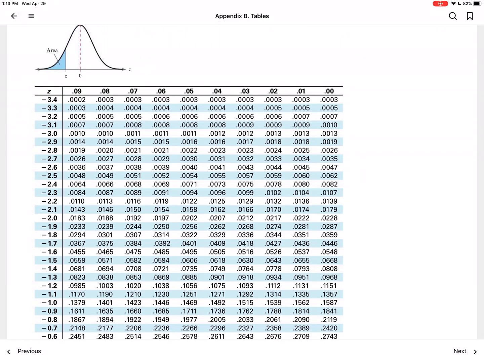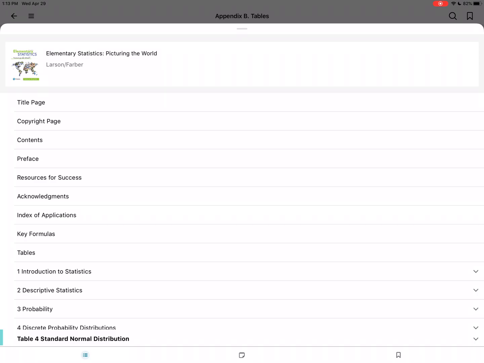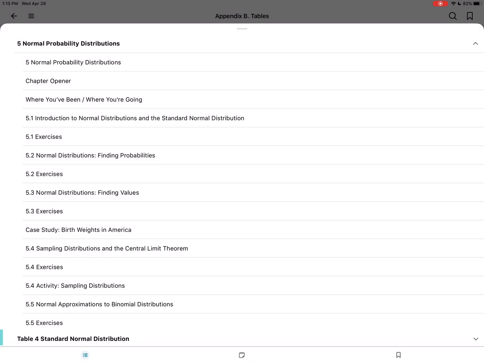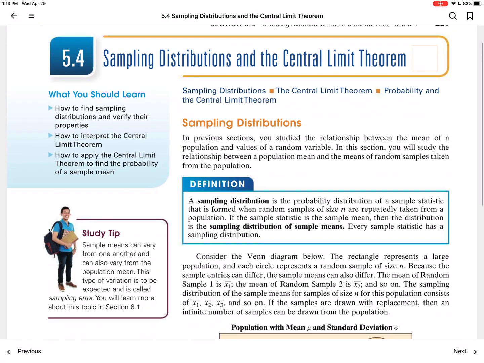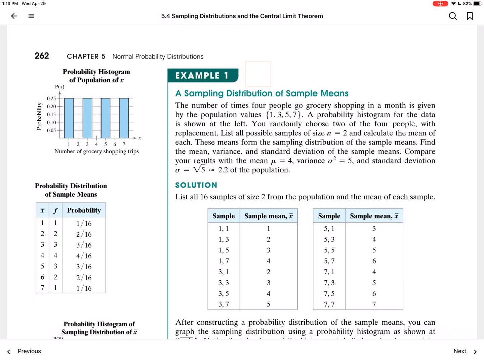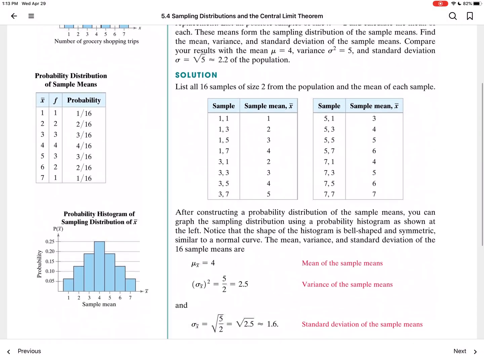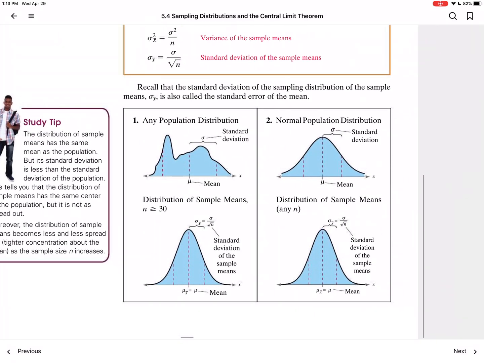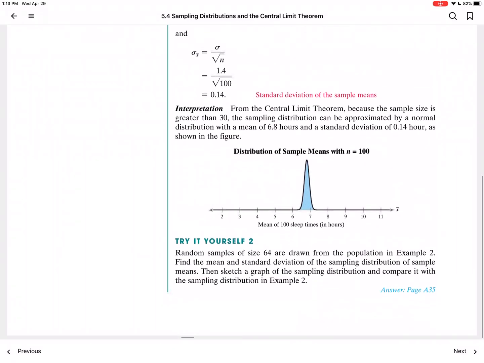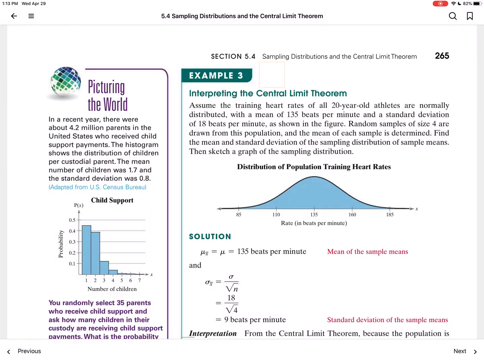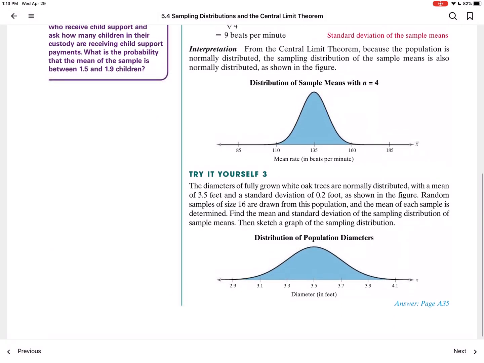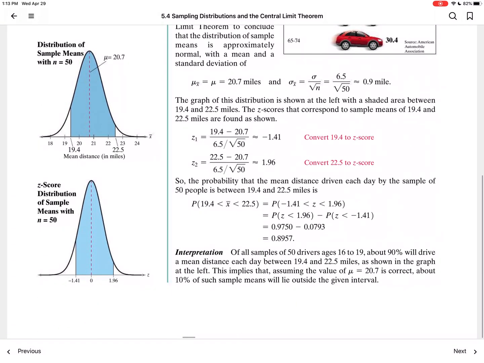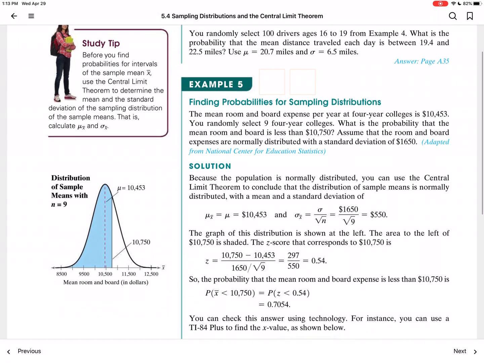So what I'm going to do, this is 5.4. Let's start there. I know that we did it in the text. I'm just going to scan really quickly and find an example. Not that one. There it is.